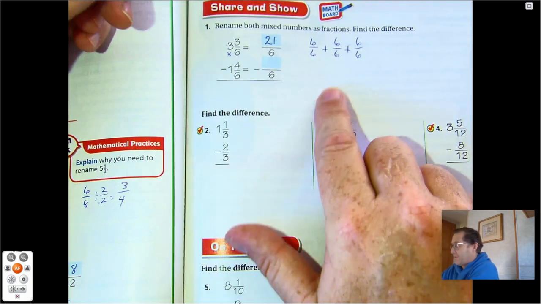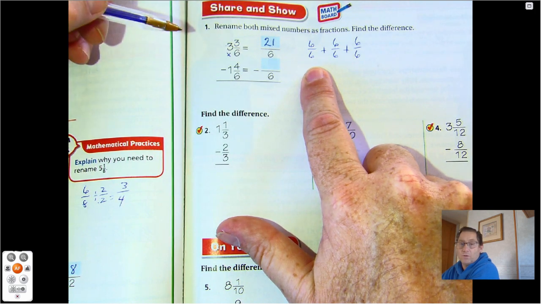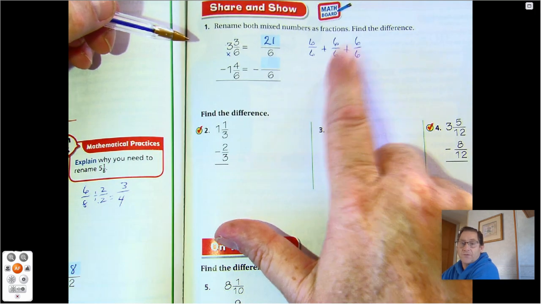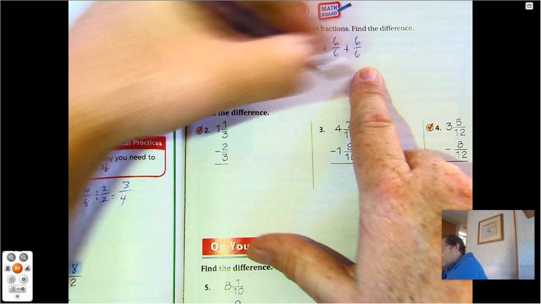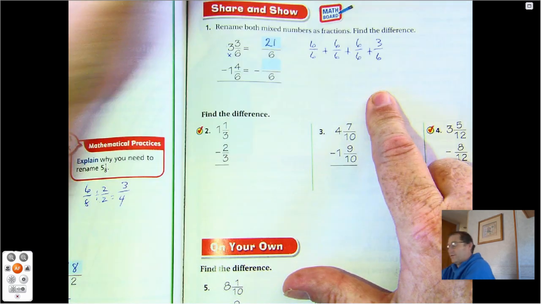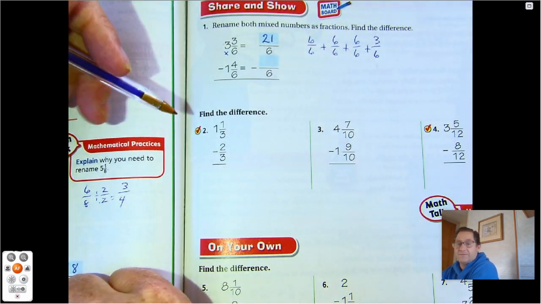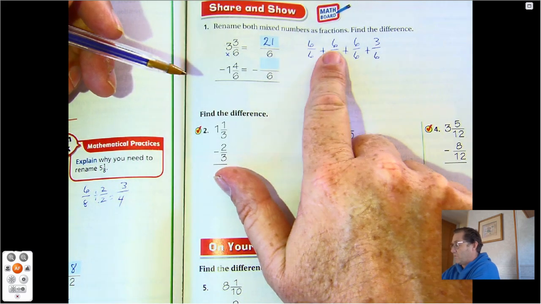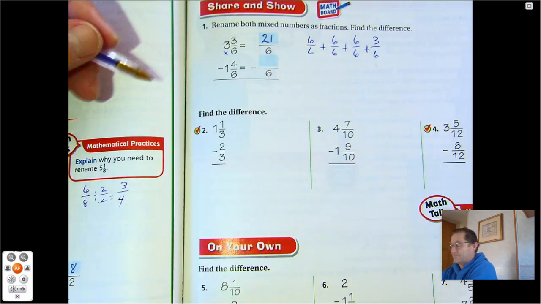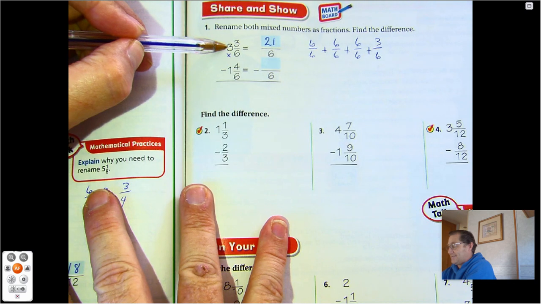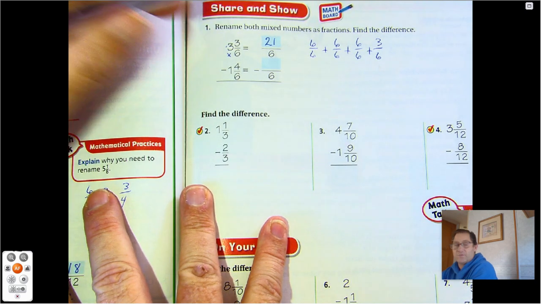Every time I have 6/6, that's equal to 1 whole. 1, 2, 3 wholes. Plus the 3 6ths left over. So 6, 12, 18, 21. 6 times 3, 18. 18 plus 3, 21.